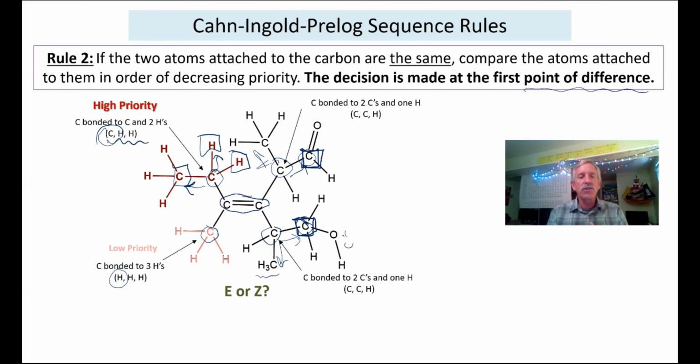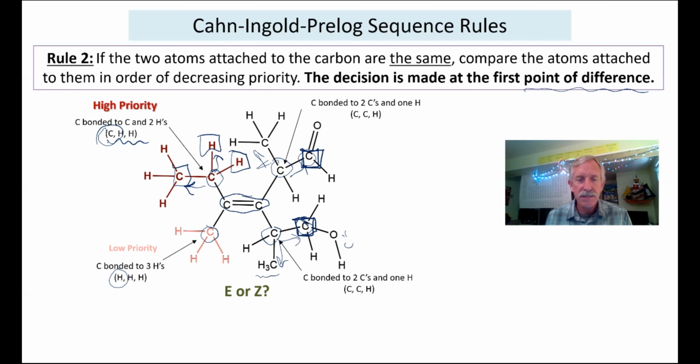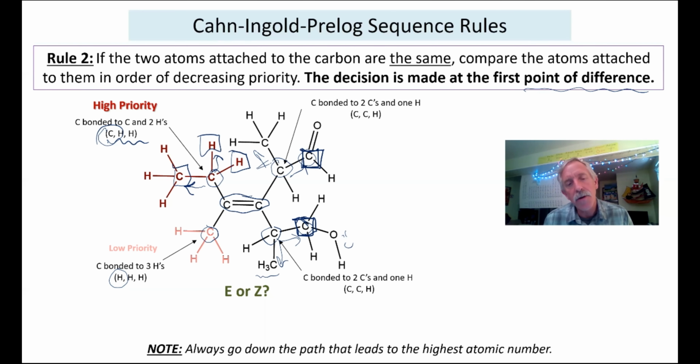So according to rule 2, look at the 3 atoms attached to this carbon. Has to be 3 because carbons love to be 4 bonded. The one on the top is connected to 2 oxygens.